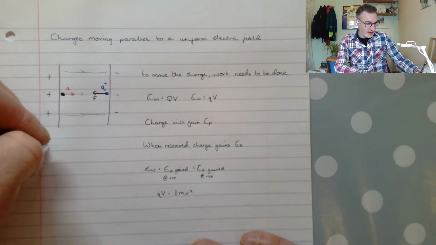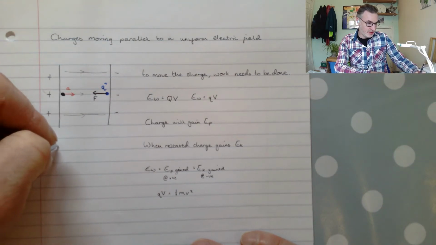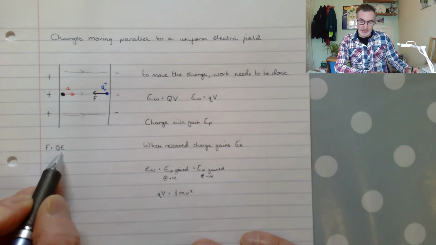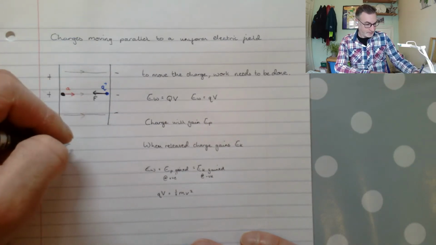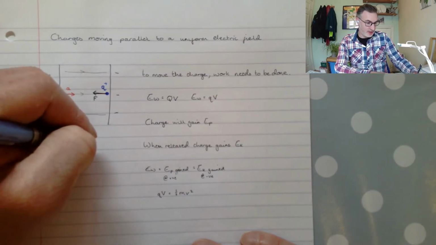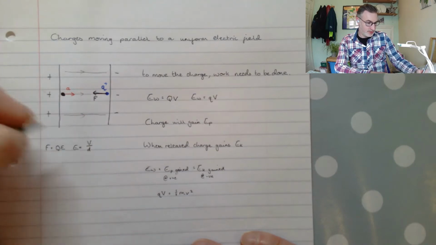Now the force that we use to apply it, I'm going to put this more in passing because this has been done already. So the force is charge times electric field strength. Electric field strength can be determined by the voltage over the distance.